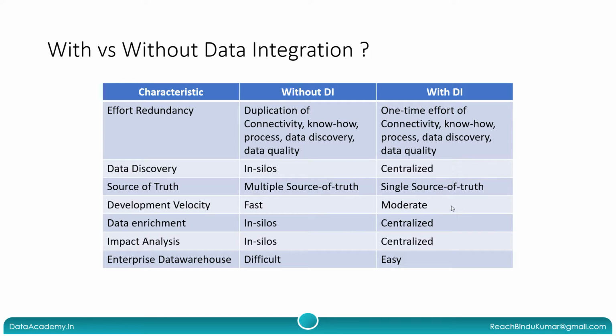But with data integration, it takes a little bit of time because you have to initially set up that data integration project, the centralized hub, and you're going to collect data from not 1, not 2, maybe a dozen systems. So, time wise, it is going to take a little bit longer, but it is very much worth the effort.